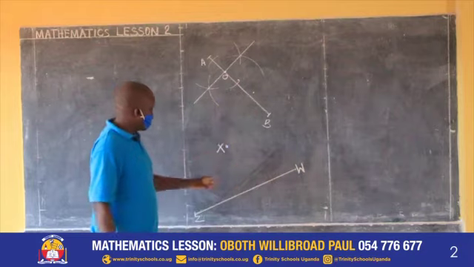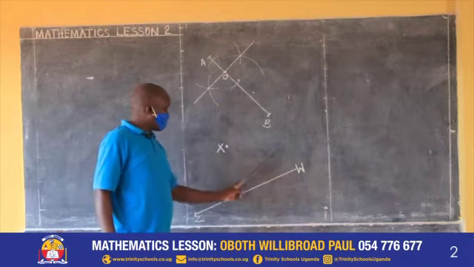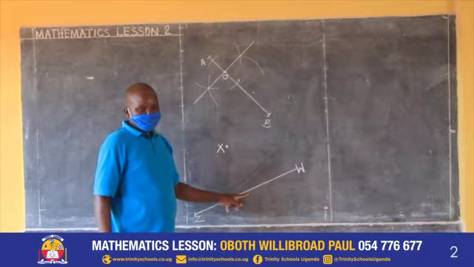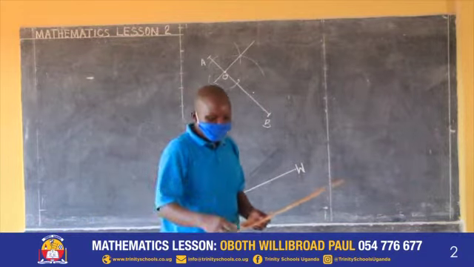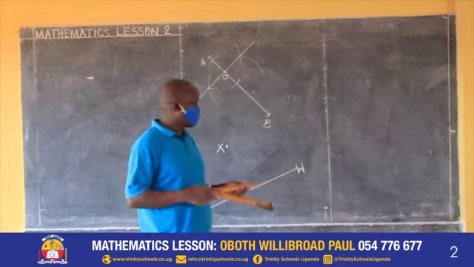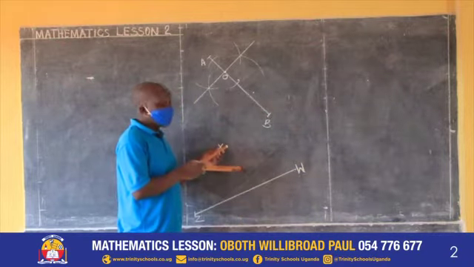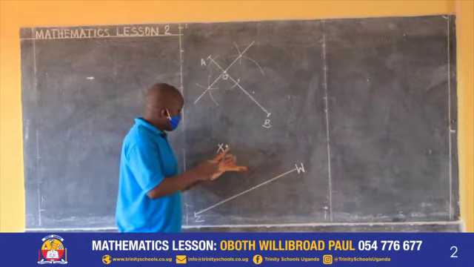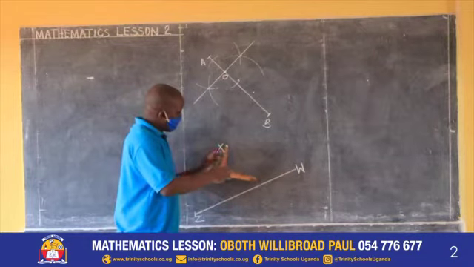We want to draw a perpendicular from this point to this line. You remember the steps we took? We said, step 1, with your compass centered at X, which is our given point, draw an arc to cut the given line 2 times.